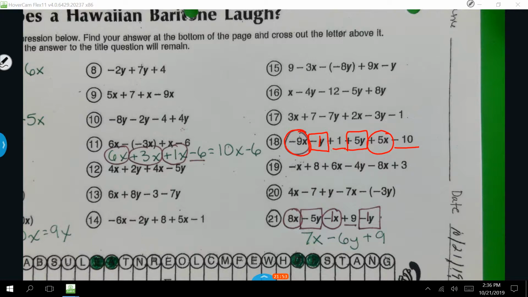Now, we put our circles with our circles and our boxes with the boxes and the lines with the lines. So, you kind of now just look for your shapes, the circles. Negative 9 plus 5, because they're the x's. So in your calculator, negative 9 plus 5. You get negative 4. So what we're going to write now is negative 4 and then put the x back on it.